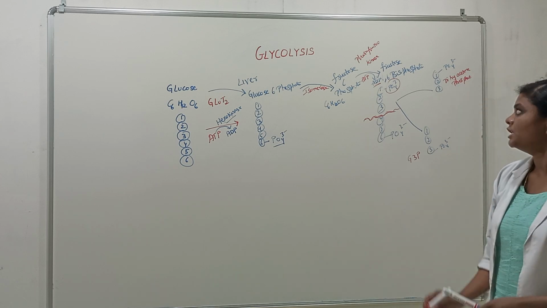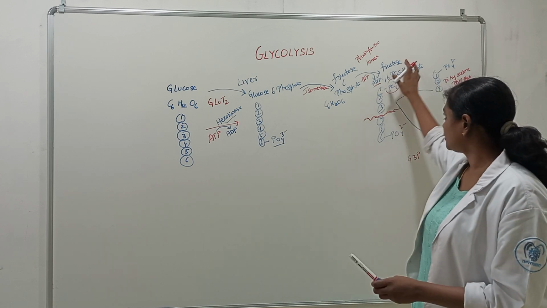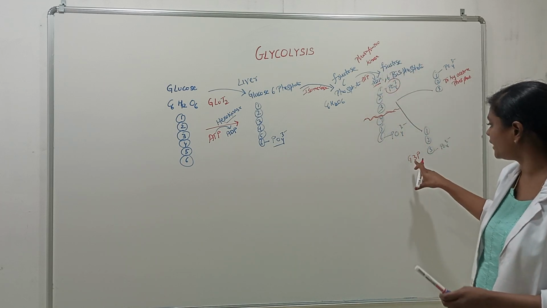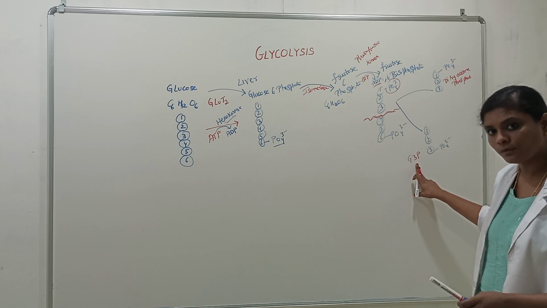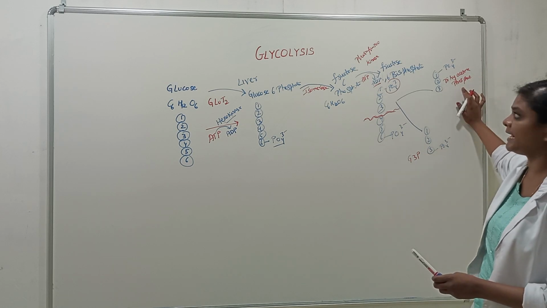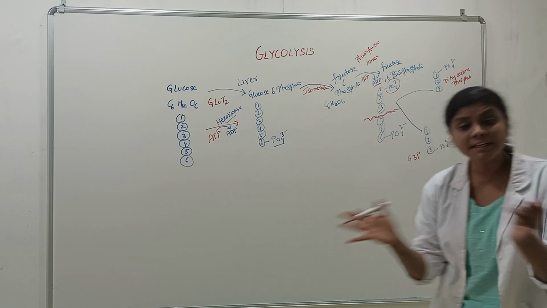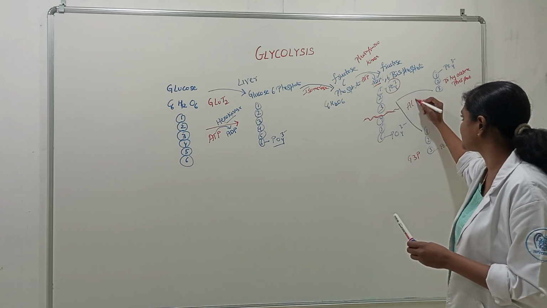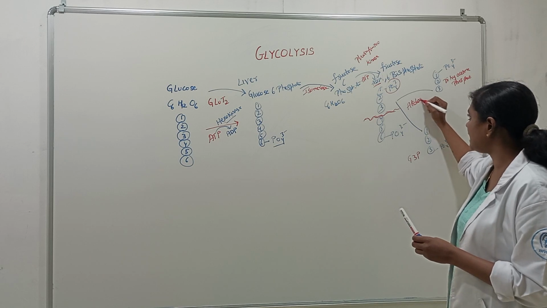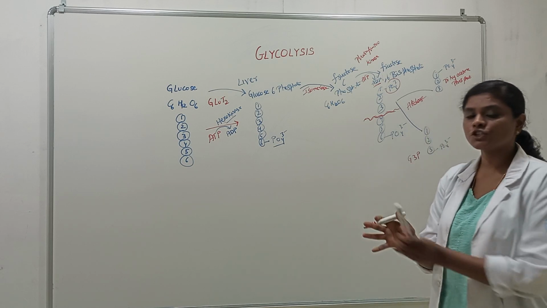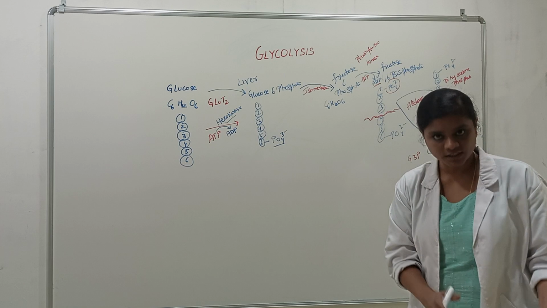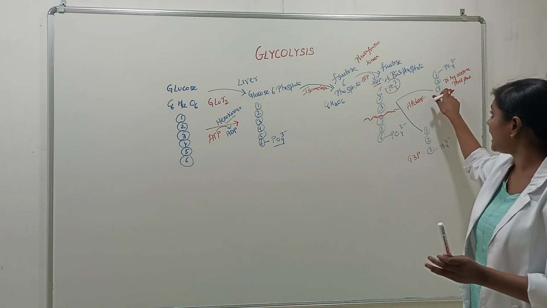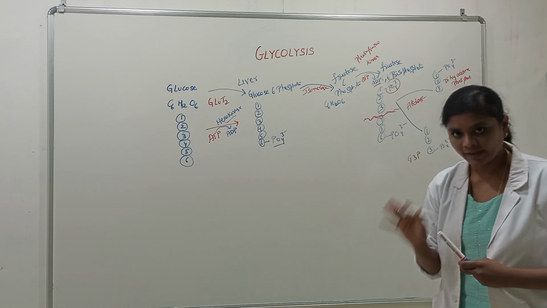So, now fructose 1,6-bisphosphate is splitting into 2 groups, glyceraldehyde 3-phosphate and dihydroxyacetone phosphate. For this split to happen, we need an enzyme known as aldolase. It's aldolase which is splitting fructose 1,6-bisphosphate into glyceraldehyde 3-phosphate and dihydroxyacetone phosphate.